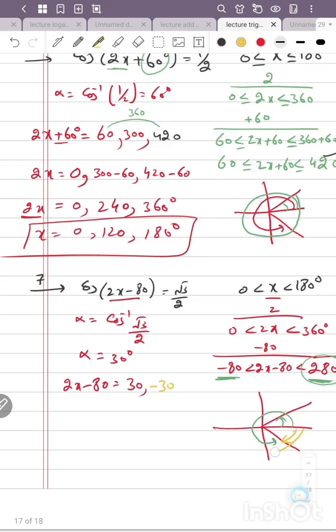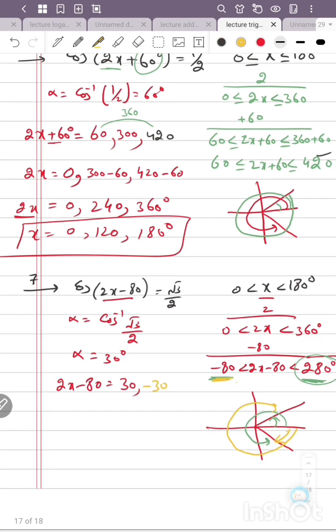When we move forward from here to here, we know that it will start from the first quadrant and go to the fourth quadrant. So our limit is only 80. No need to move forward from first quadrant to second, third and fourth quadrant. We are stuck on only the first quadrant because its limit is 80 degrees.